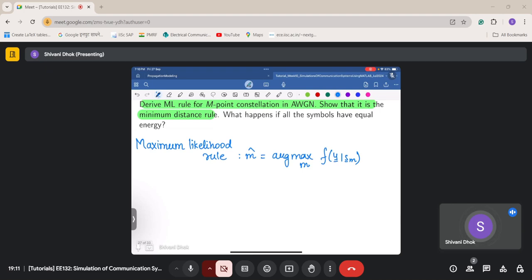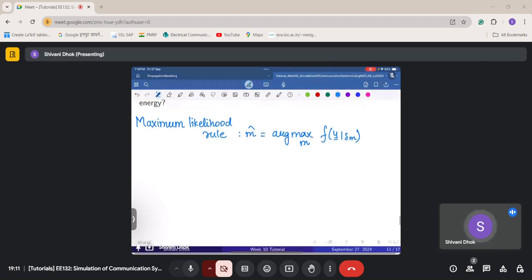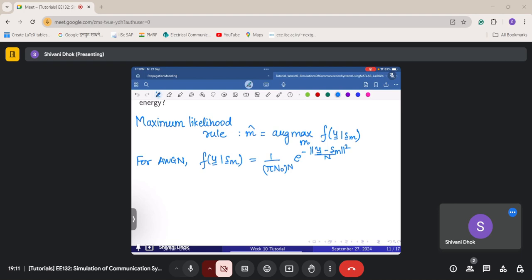So this is the maximum likelihood rule, and we have seen that for AWGN noise, f of y bar given Sm is 1 upon (pi N naught) to the power n, into e power minus norm of (y minus Sm) square by N naught.